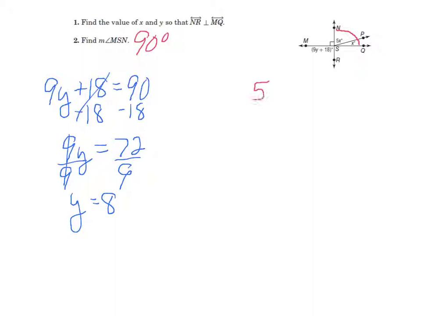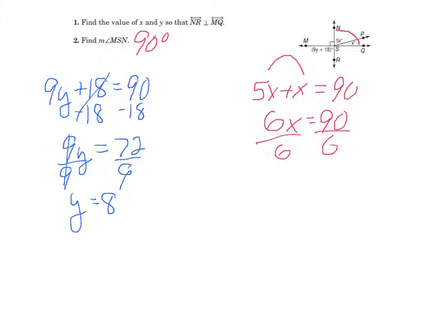So 5x plus x equals 90. To solve this, I combine my like terms. That's 6x equals 90. And then divide both sides by 6. And x then is equal to 15.